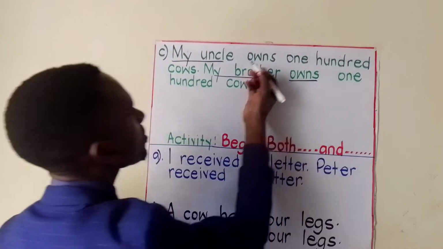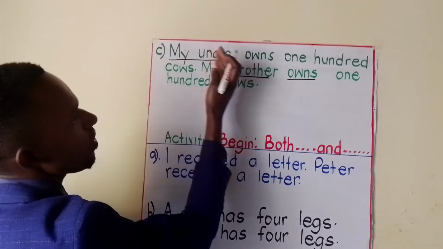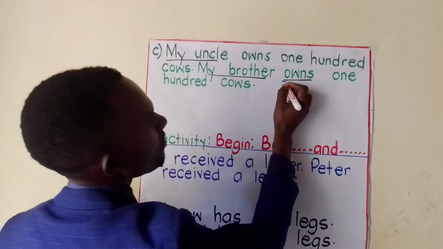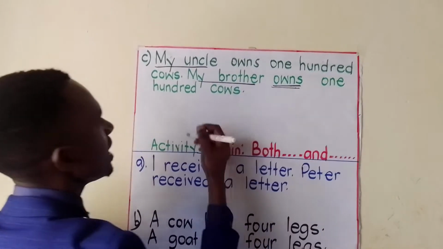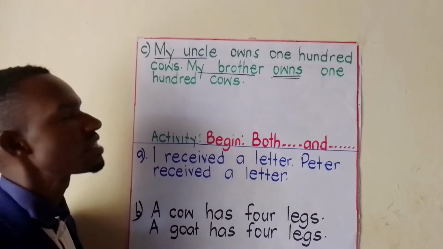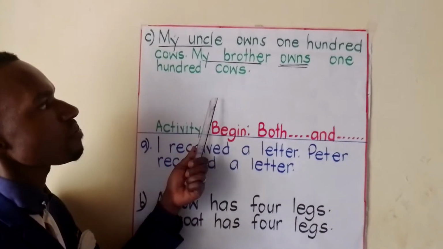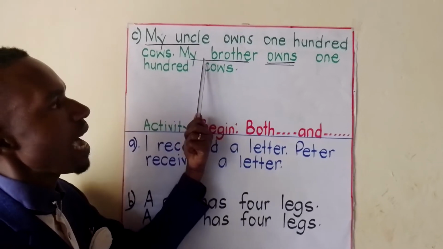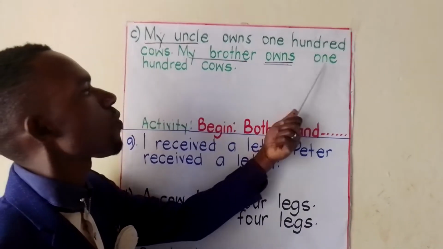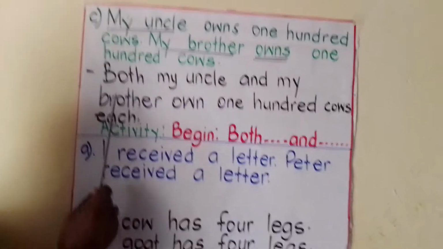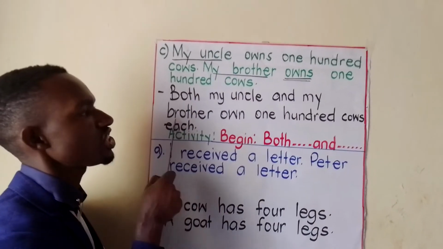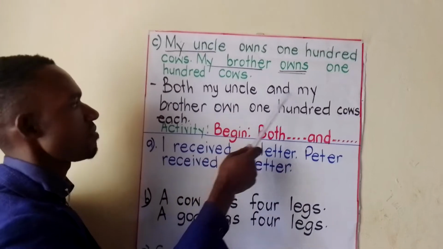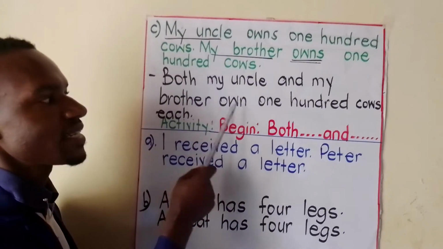So when we use both, my uncle and my brother, the main verb owns, because of the plural subject, changes and becomes own. And still, we have to use each. And therefore, our answer will be: Both my uncle and my brother own 100 cows each.